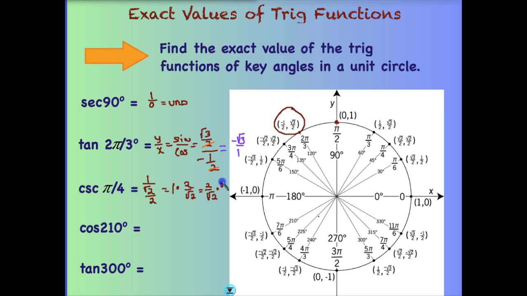So we would multiply both the numerator and the denominator by root 2, and that would leave us with 2 root 2 over 2. Square root 2 times square root 2, remember, is just 2. However, 2 and 2 can cancel, and we'll be left with a final answer here of just root 2.